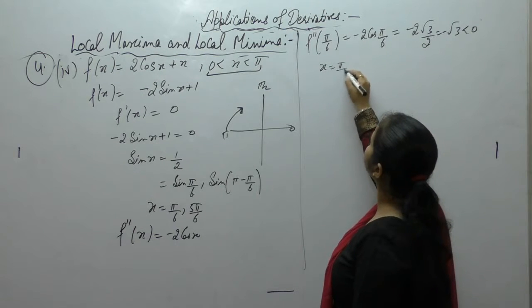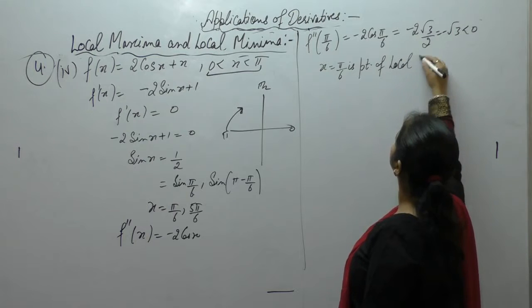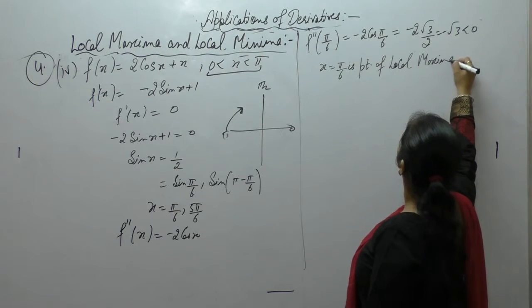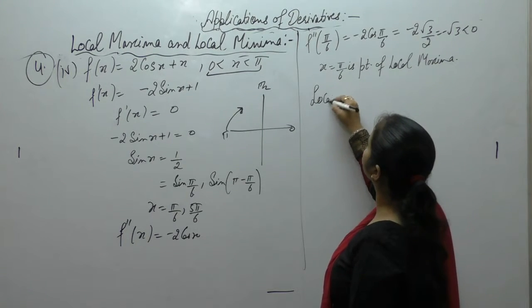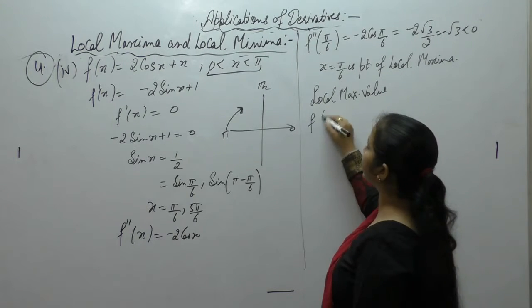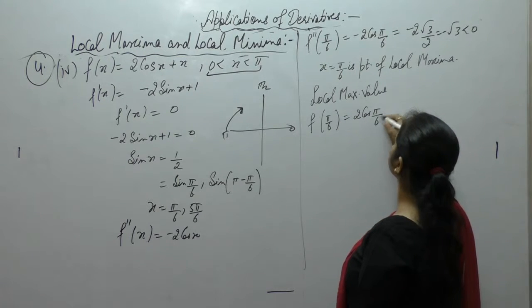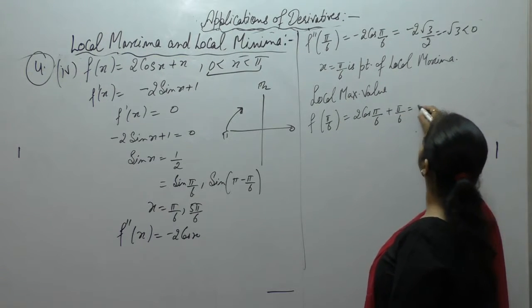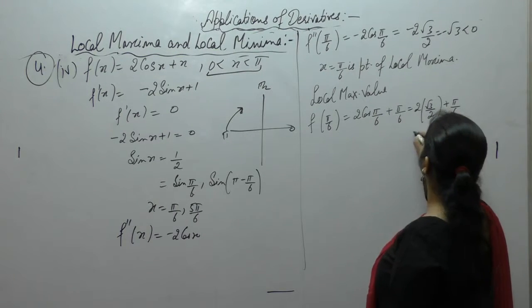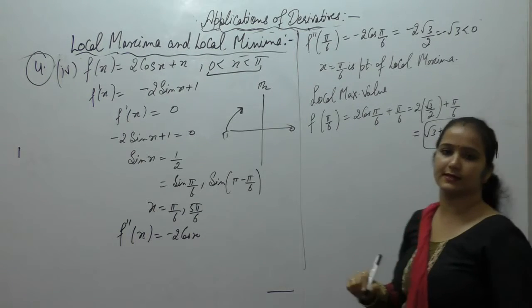So x equals pi by 6 is point of local maxima. And local maximum value will be f of pi by 6, 2 cos pi by 6 plus value of x. Cos pi by 6 is root 3 by 2. So we get root 3 plus pi by 6.